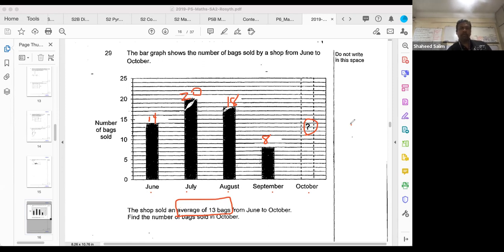No, actually, there's no answer. You must find the total number of bags sold first. June to October, how many months? You can count on that. And then you start to minus all the rest. Then you know how much it is. Find the total number of bags sold.